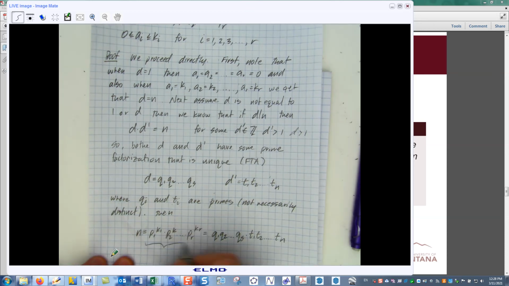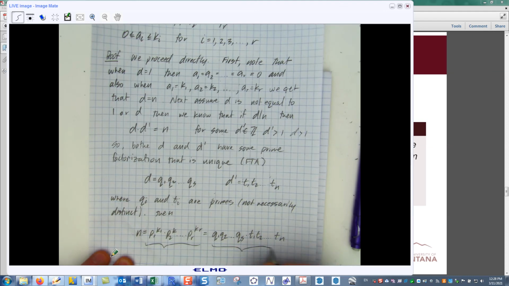So this is one prime factorization of n, and this is another.